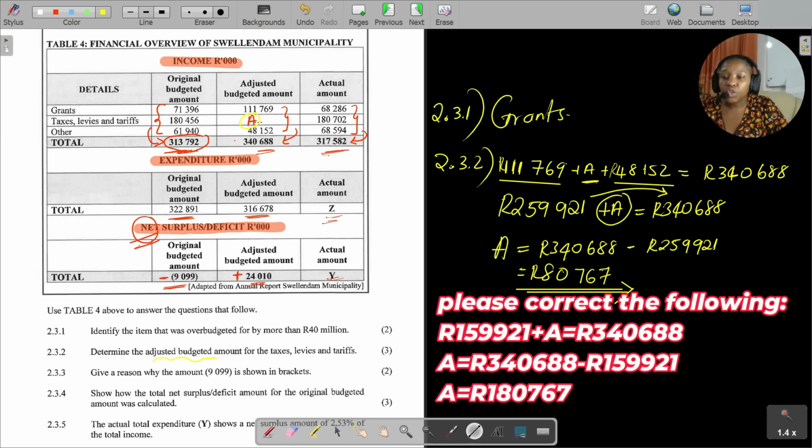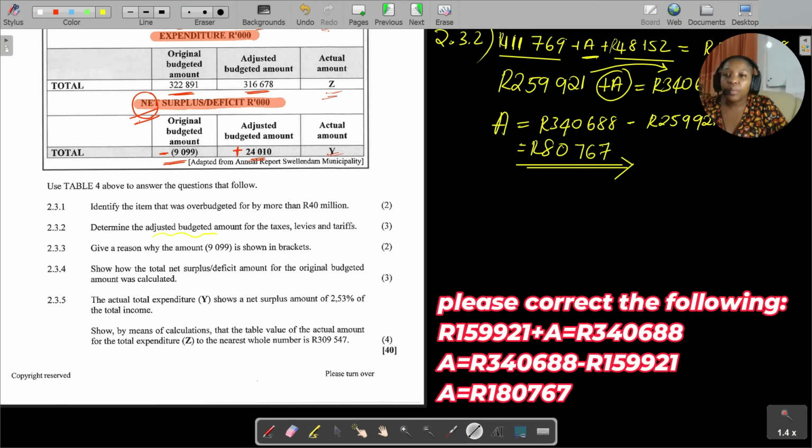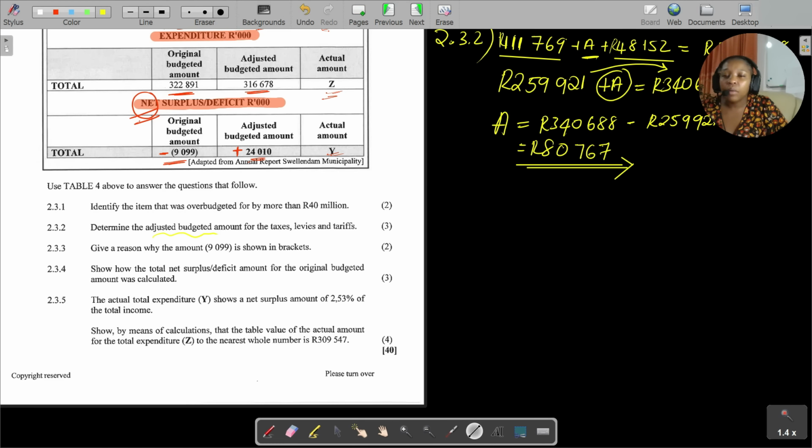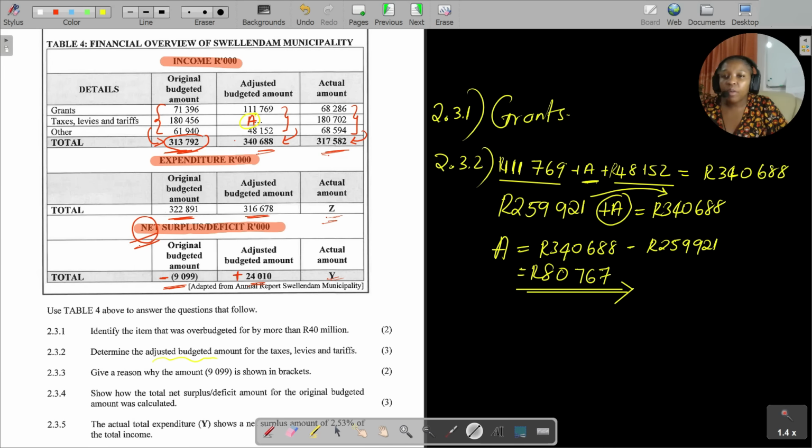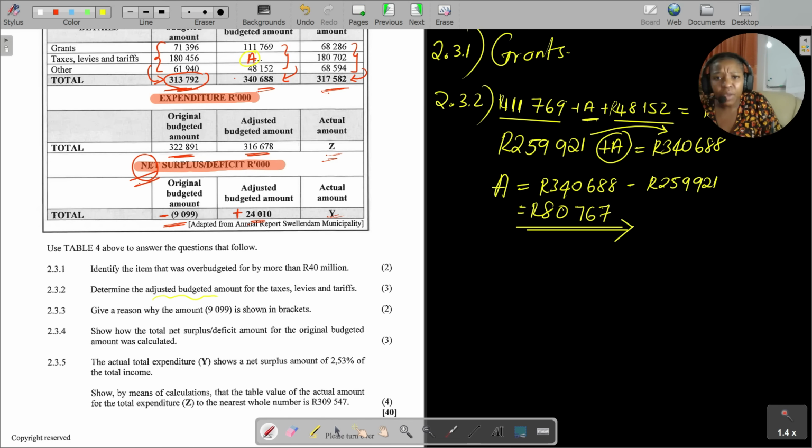All right, question 2.3.3, give a reason why the amount 9099 is shown in brackets. So remember, because we've analyzed our table, we already know why this amount is shown in brackets. It's shown in brackets because it's a deficit.